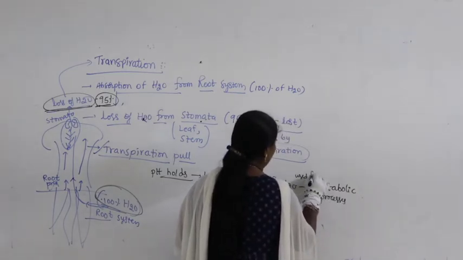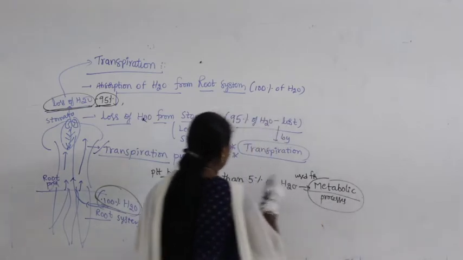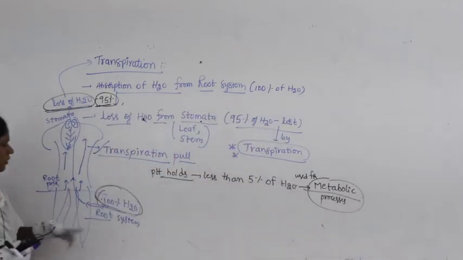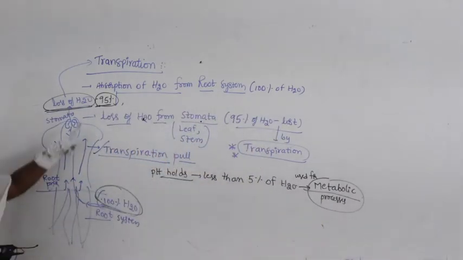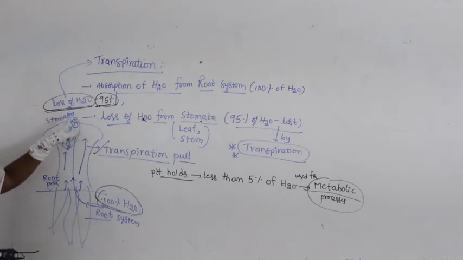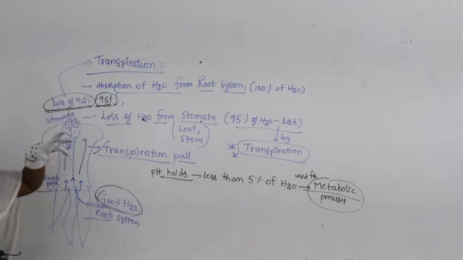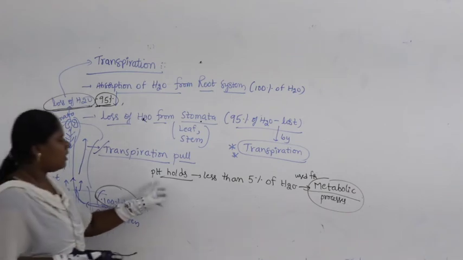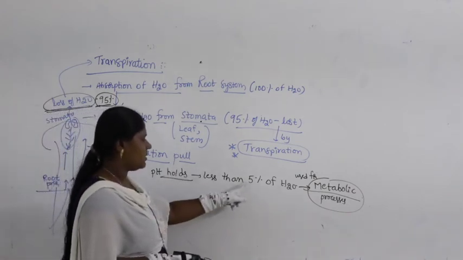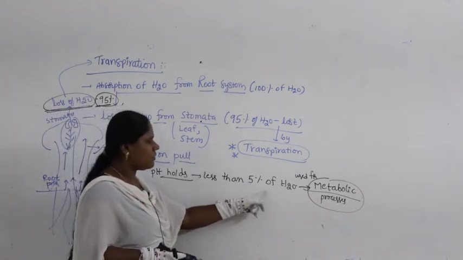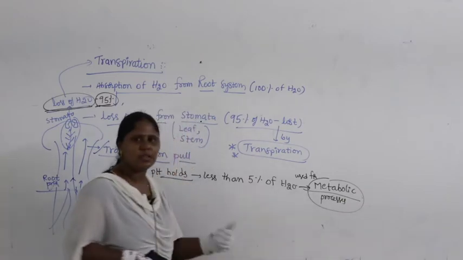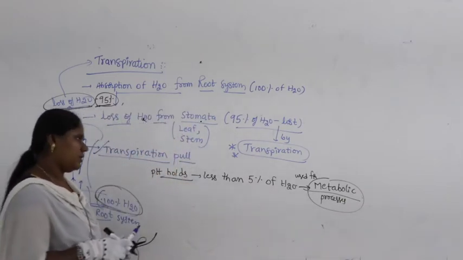Even though the root takes 100% of water, 95% is lost by transpiration. How much water is left within the plant? The plant holds hardly 5%, and that less than 5% of water is used for metabolic processes.